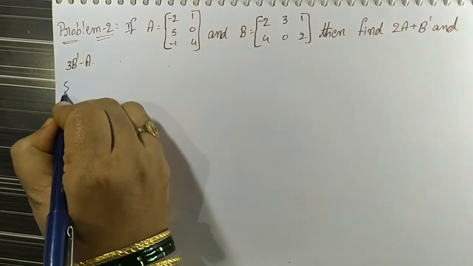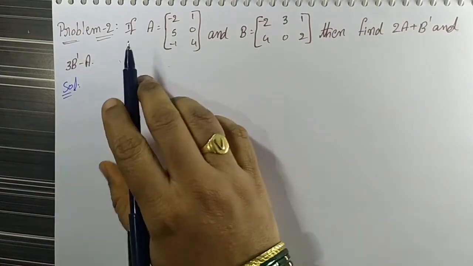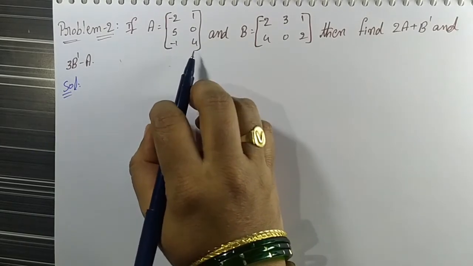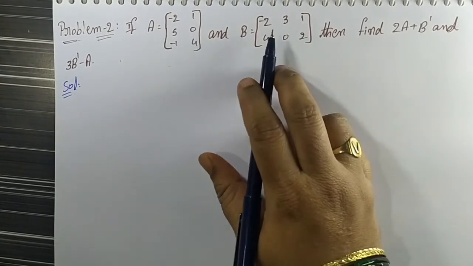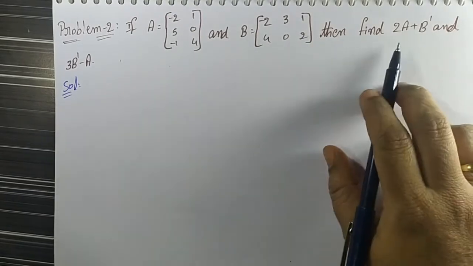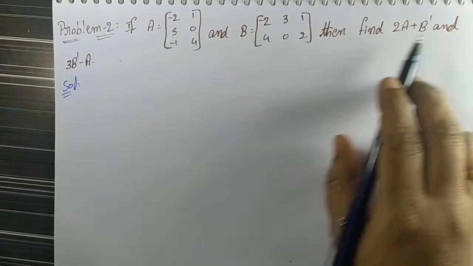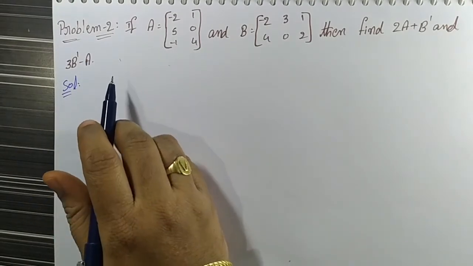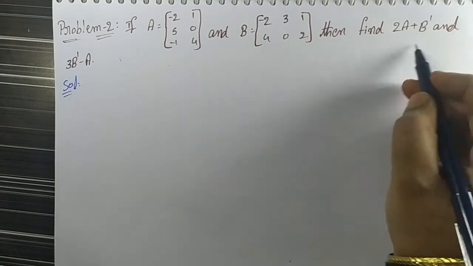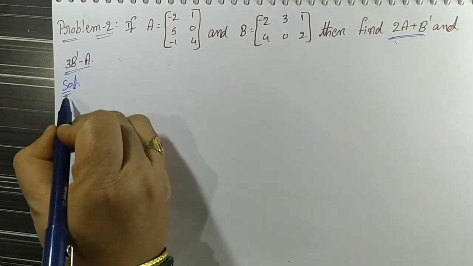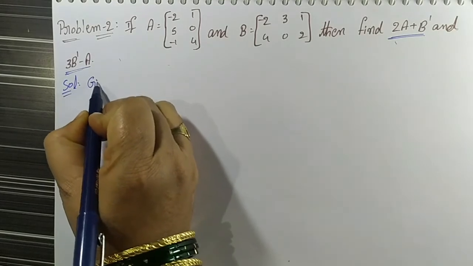Next, problem number 2. The given problem is: if A equals [-2 1 5; 0 -1 4] and B equals [-2 3 1; 4 0 2], then find 2A + B' and 3B' - A. This is our given problem. In this problem we have to find the 2A + B' and 3B' - A values. Then for that solution, first write down the given matrices.